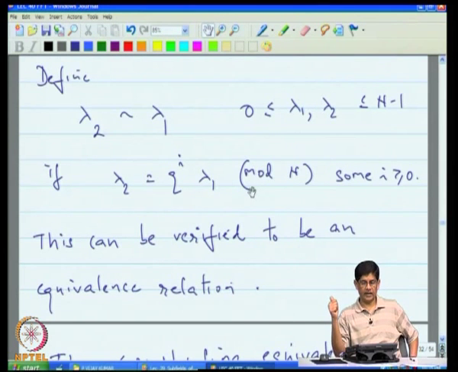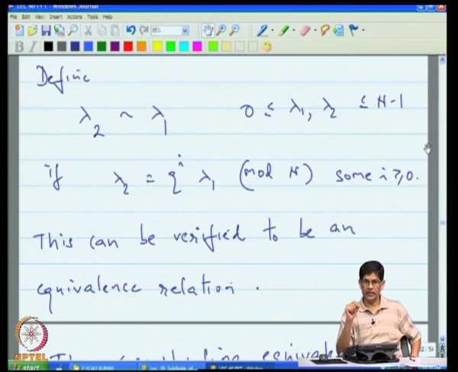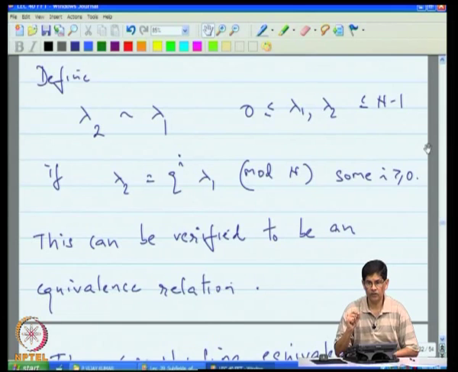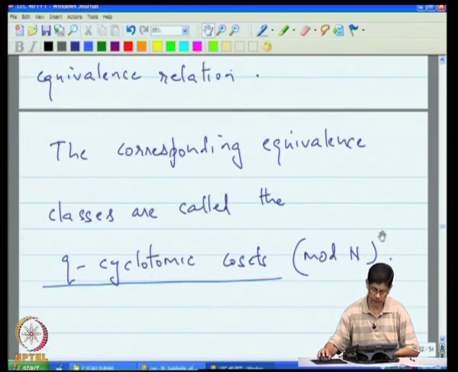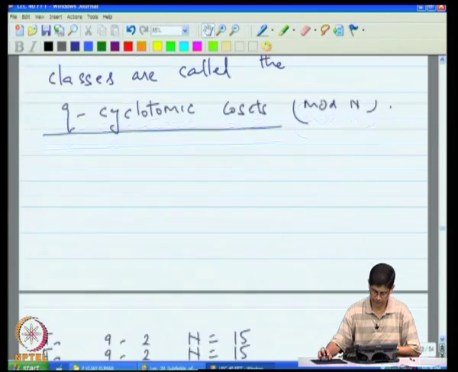So this is an equivalence relationship, and a key property of an equivalence relationship is that it partitions the set of all frequencies. You think of the lambdas as being frequencies, so the frequency domain is now partitioned into equivalence classes. Each of these equivalence classes is called a cyclotomic coset, so the corresponding equivalence classes are called the q cyclotomic cosets mod n.